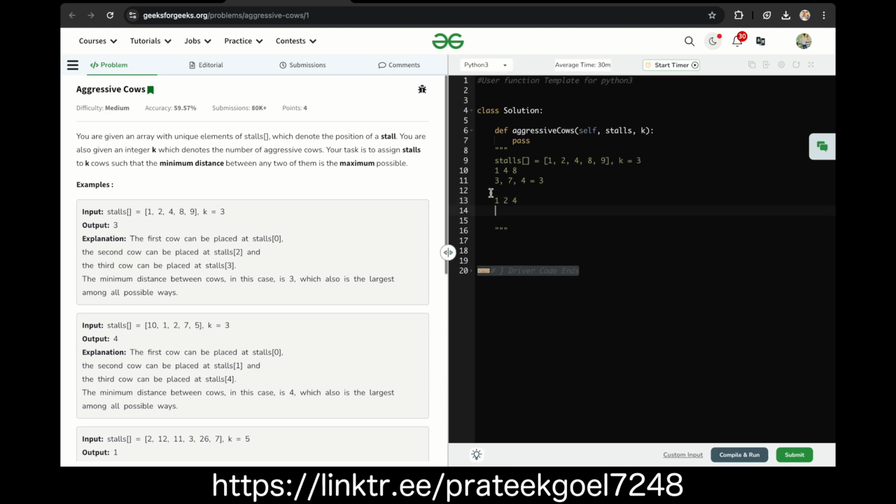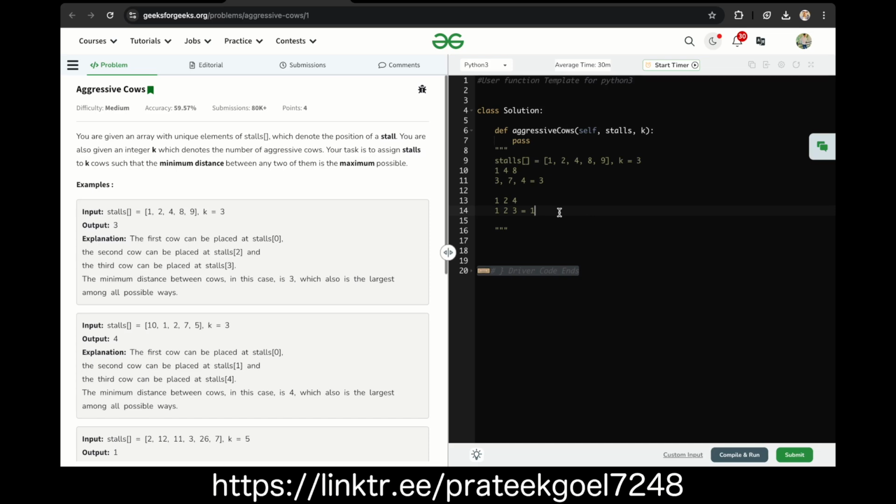Now if we try to get the differences, 2 minus 1 is 1, 4 minus 2 is 2, and 4 minus 1 is 3. If we take the minimum of that, it will be 1. So we have to get the minimum distance, but we have to try to maximize it.